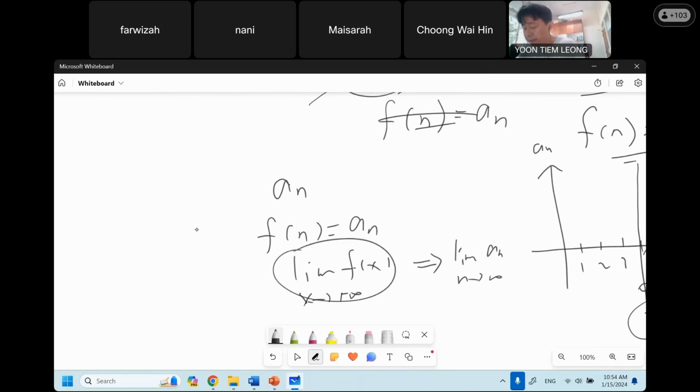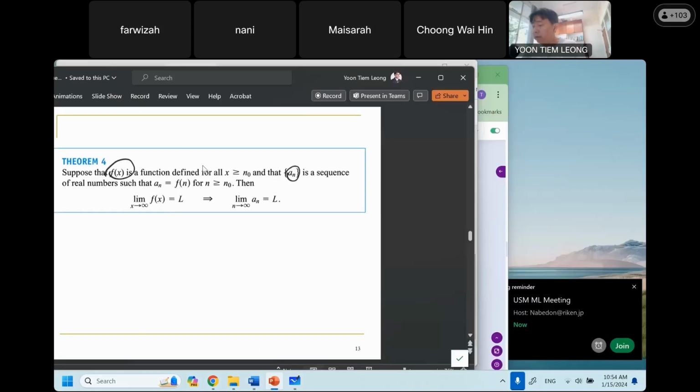That is what it says in theorem 4. I think it doesn't have a name, it's just called theorem 4. It's just saying that the limit of the sequence can be inferred from the limit of a function.